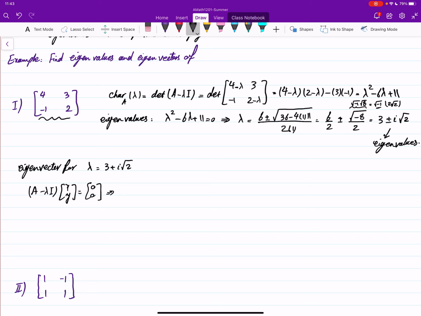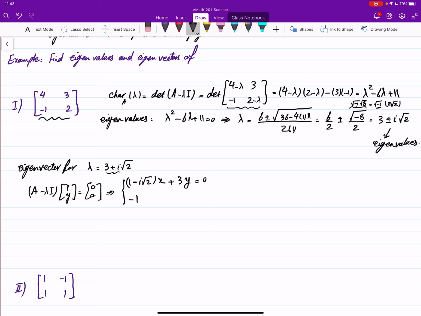In this case, I plug in lambda equals 3 plus i root 2. That gives me 1 minus i root 2 times x plus 3y equals 0.